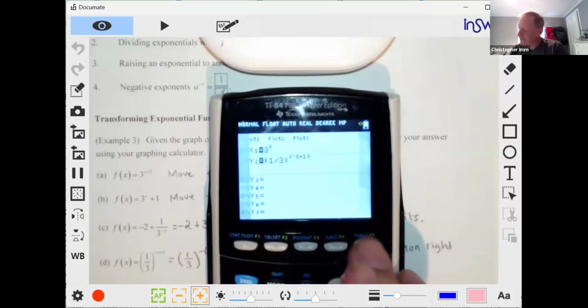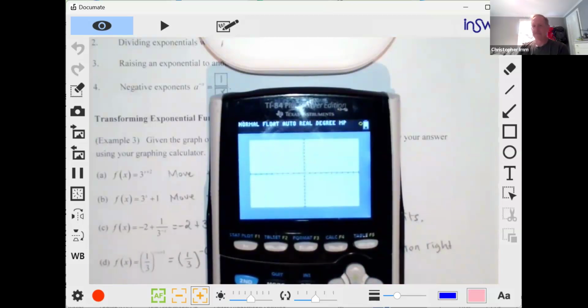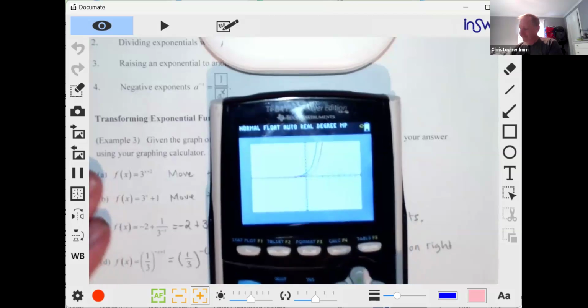Let's try that. Whew. All right, it did move to the right one, just like we thought.